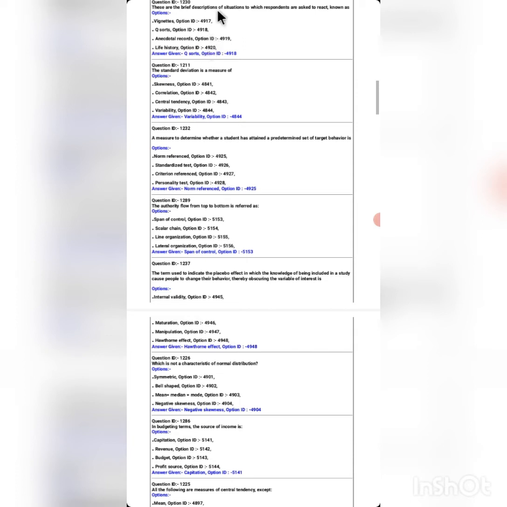Your options are vicinity, cue shot, anecdote records, and life history. So the right answer for this question is vicinity. Actually, vicinity is basically an expression of a situation either in the form of written or pictorial form.